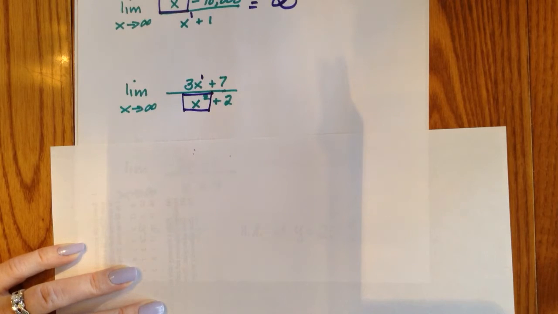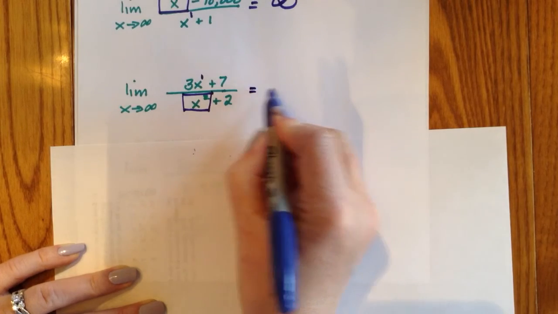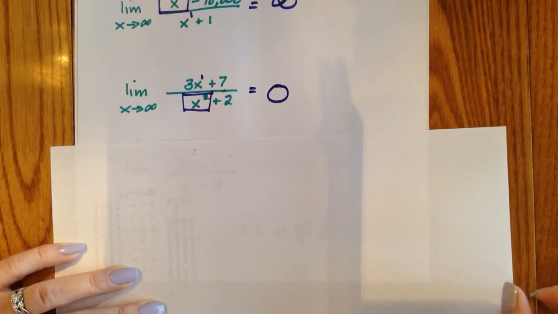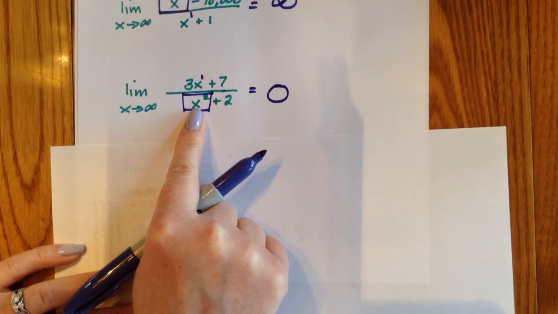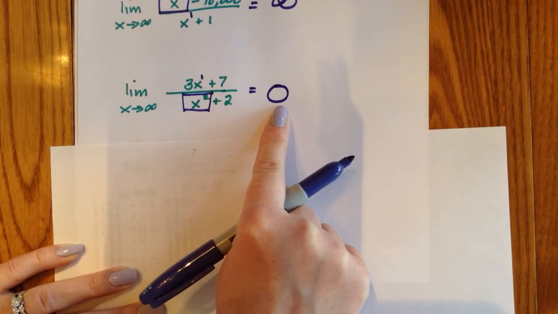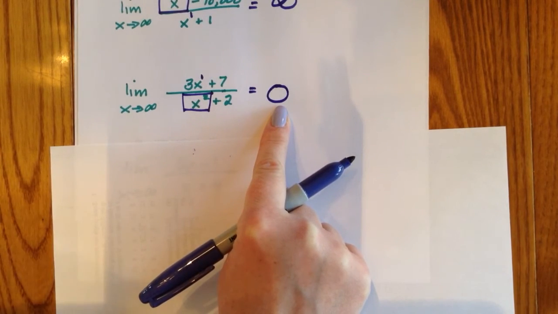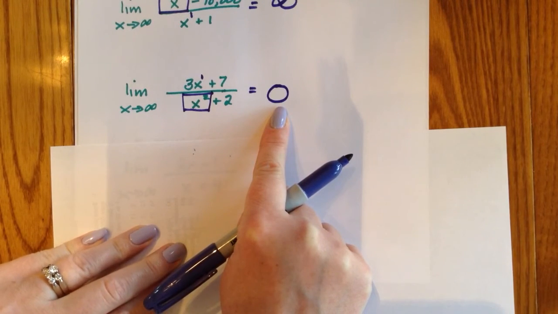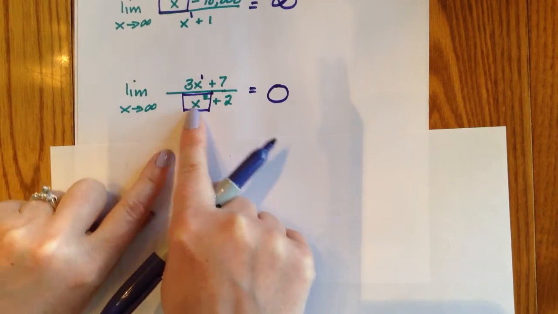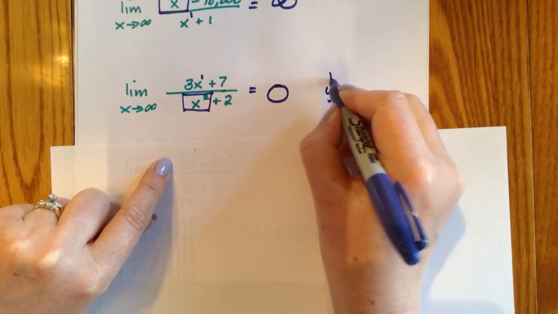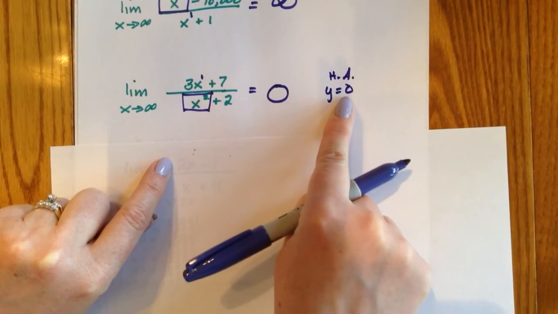So the number of people will overwhelm the number of pizzas, and this will equal 0. Yeah, that's right. When the dominant term is in the denominator for a limit as x approaches infinity, the answer is automatically 0. Furthermore, if you recall the definition for horizontal asymptotes, that means the graph of this function has a horizontal asymptote at y equals 0.